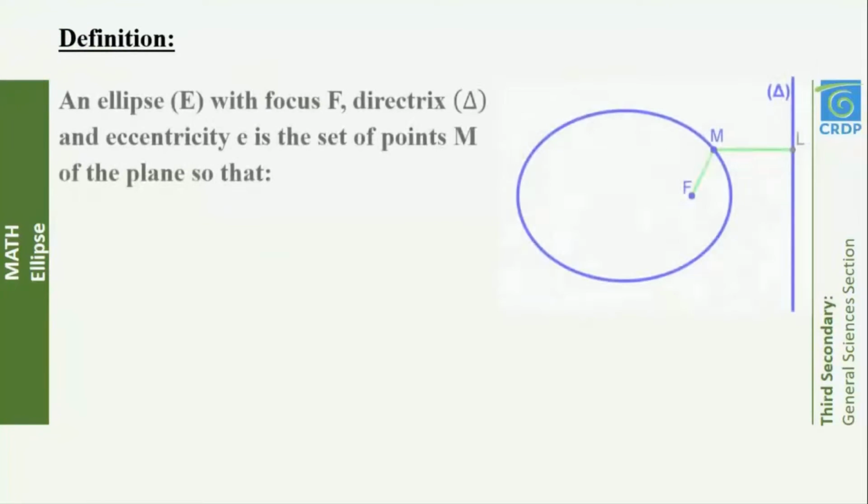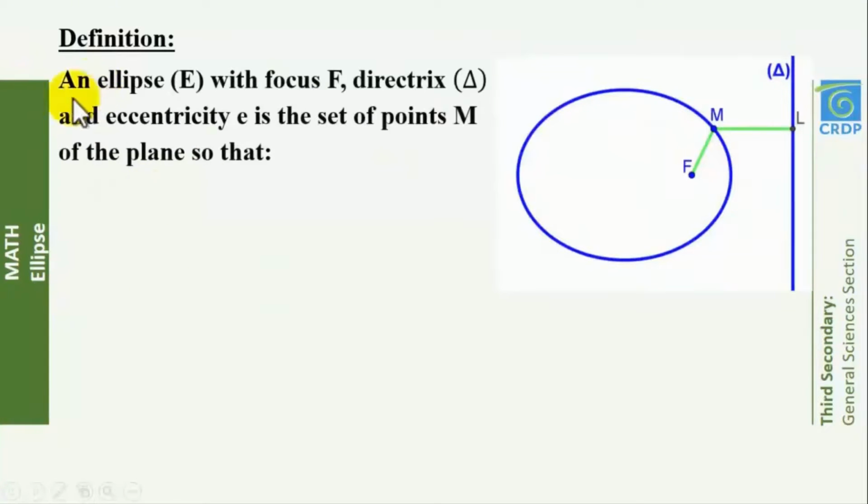Let's move to the text of chapter. Definition of ellipse. An ellipse E with focus F, directrix delta, and eccentricity e is a set of points M of the plane so that distance from M to F over distance from M to delta equal e, with e between 0 and 1.